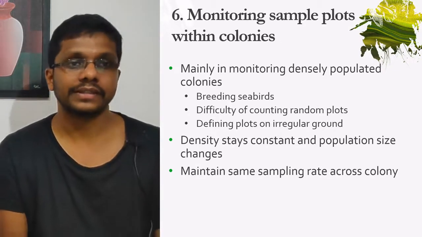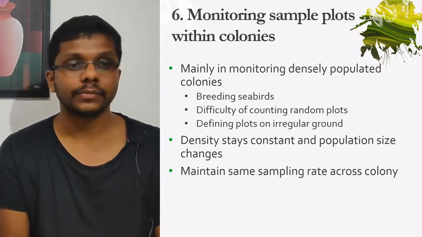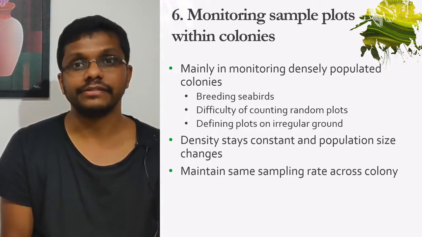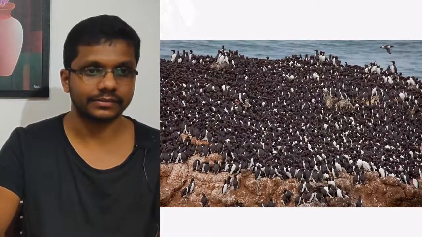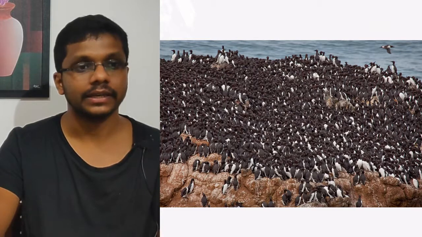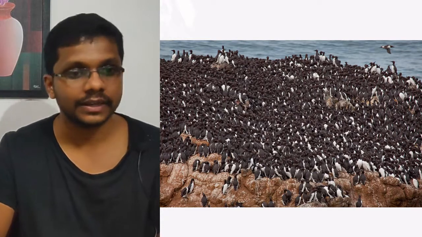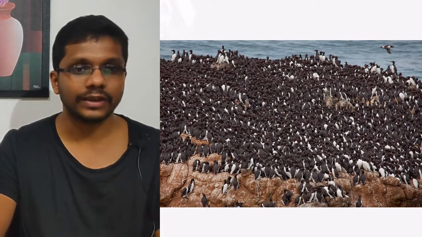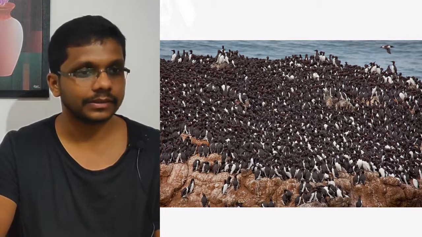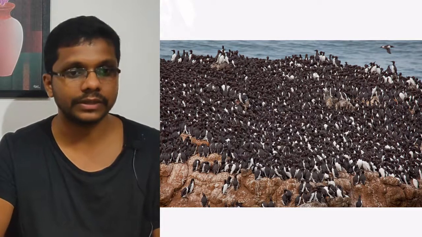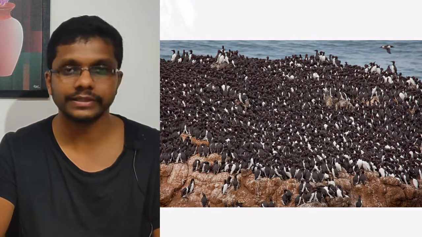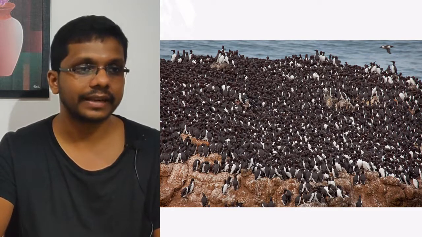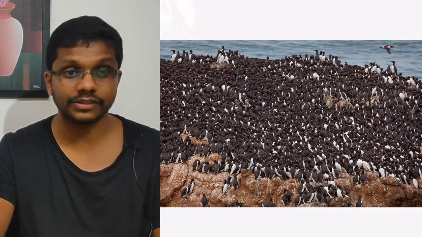Then we have monitoring sample plots within colonies. Some organisms live in huge colonies like this. It's a bird breeding colony, for penguins, I guess. In these colonies, it is more or less impossible to count each and every individual in a population. So what we do is take random samples from random locations.